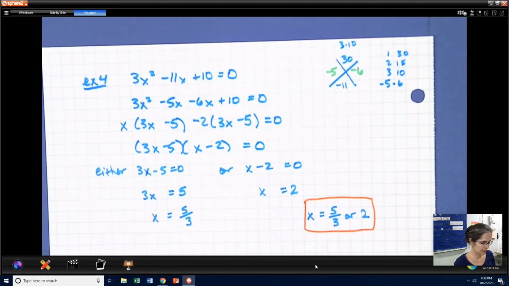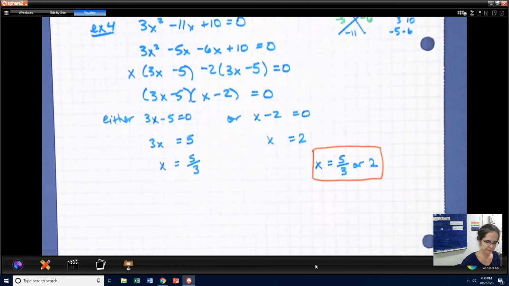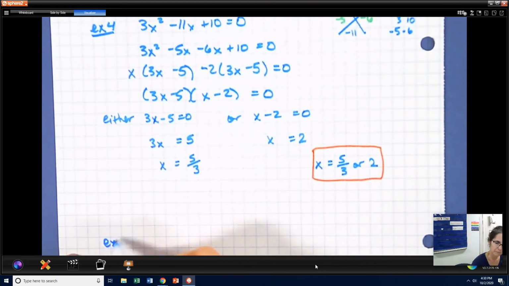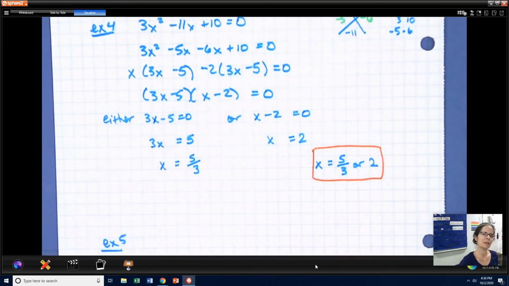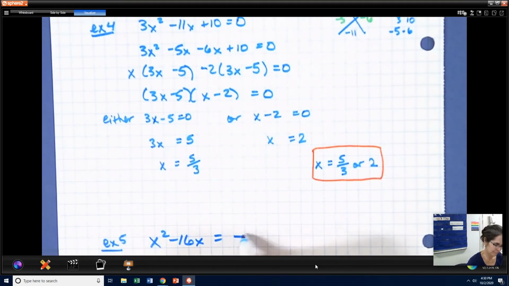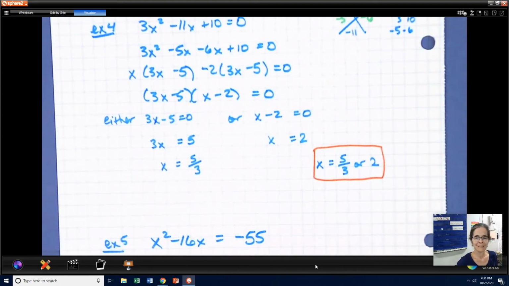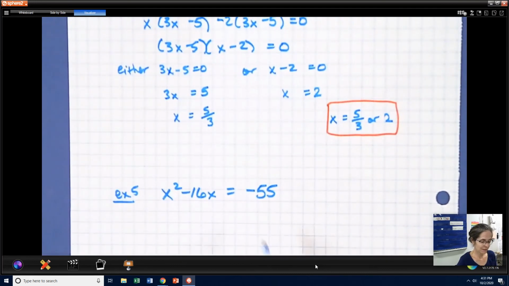We'll do one more example. Maybe you can guide me through this more on your own. Now I have a problem because this is not equal to 0.